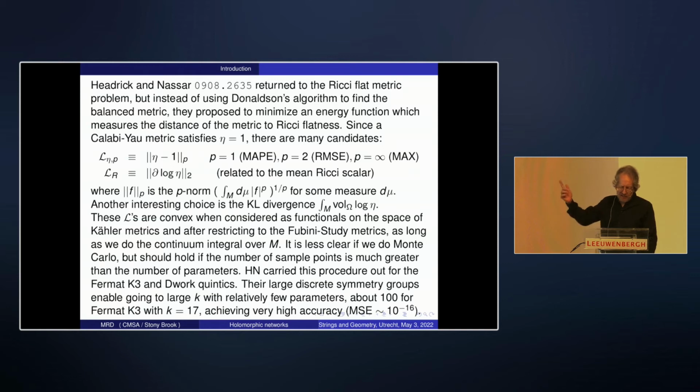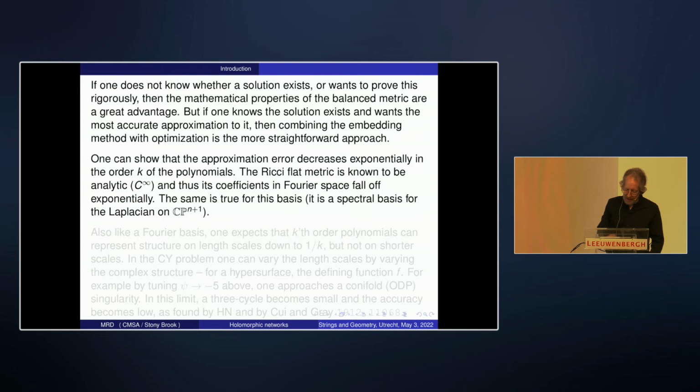But again, it doesn't seem very canonical. For one thing, this loss function is not canonical, and the balanced metric actually is canonical. But if you want the actual Ricci flat metric, then the balanced metric isn't it, and it's better to use these loss functionals.